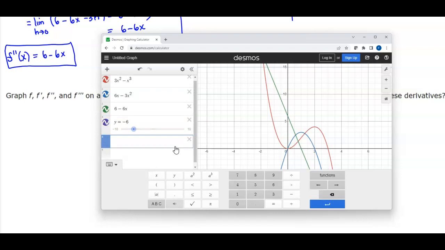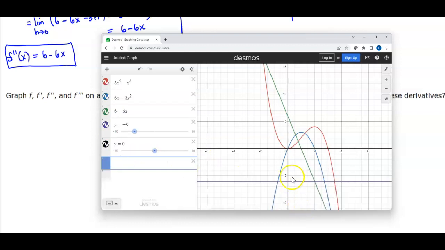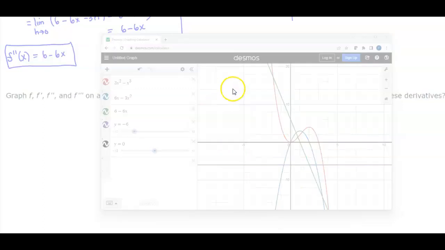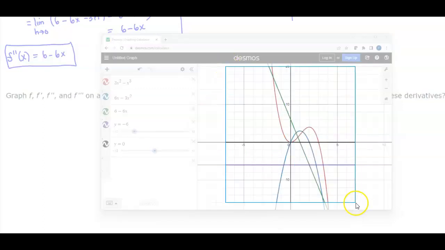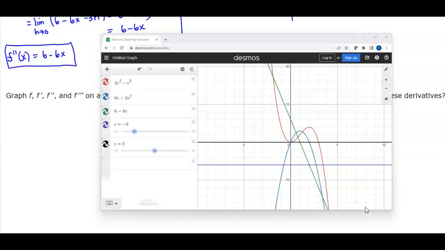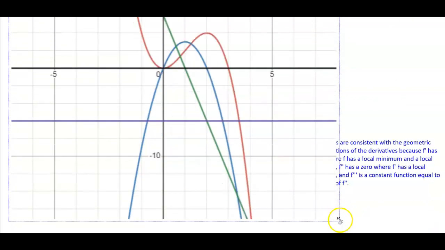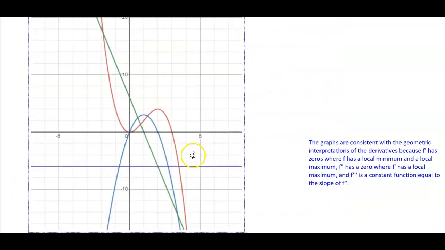And then the fourth derivative is 0, so that's y equals 0. So let's go ahead and take a look at this graph. And let's talk about this graph.